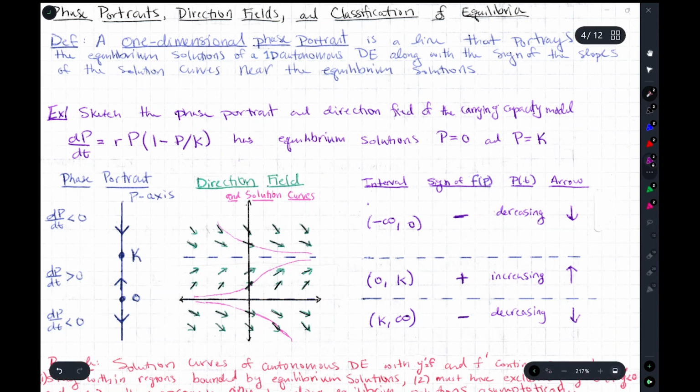So here we have the t-axis and the P-axis. If we want to know the slope, we don't have to put a t in. Why? Because this is an autonomous differential equation. There is no t, but there is a P. And so we would go along the various values of P that we would put in.